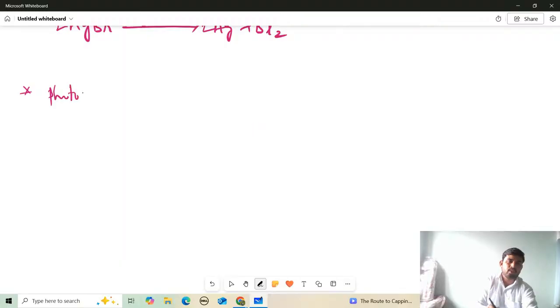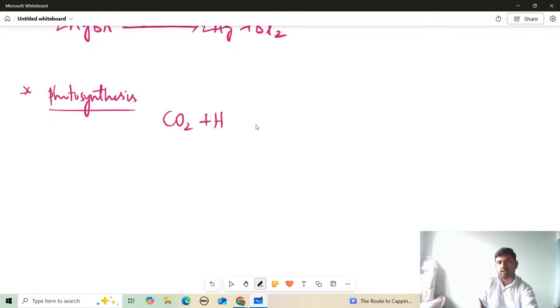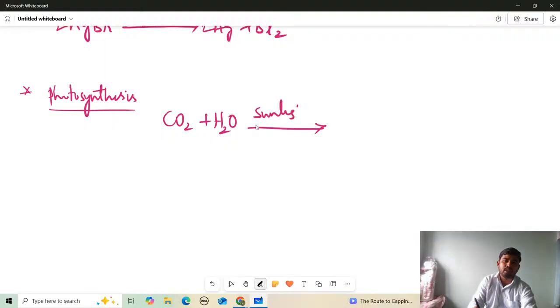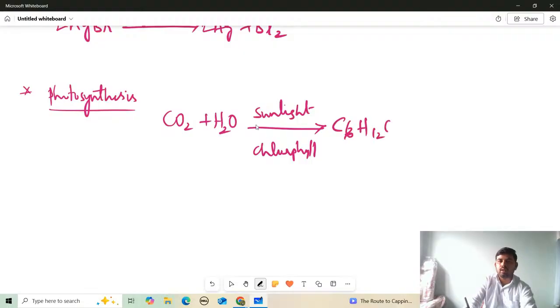Photosynthesis: carbon dioxide and water combine in the presence of sunlight, meaning light energy, in chlorophyll. What happens is C6H12O6 plus O2 is formed.